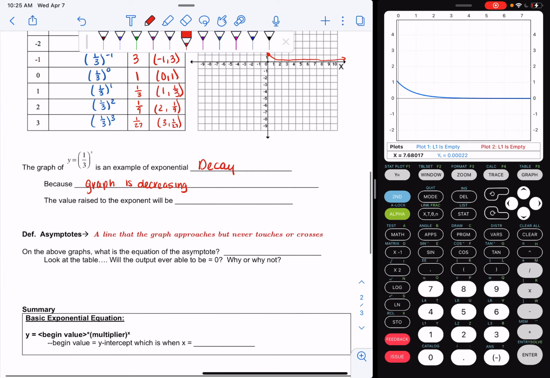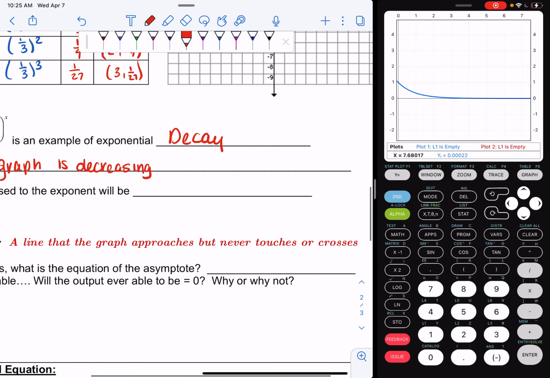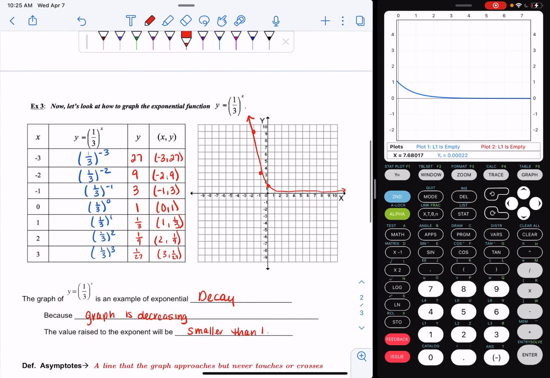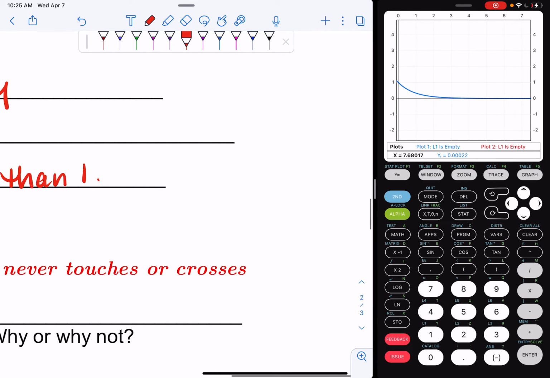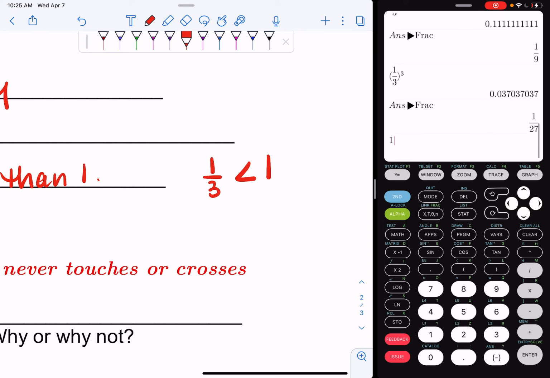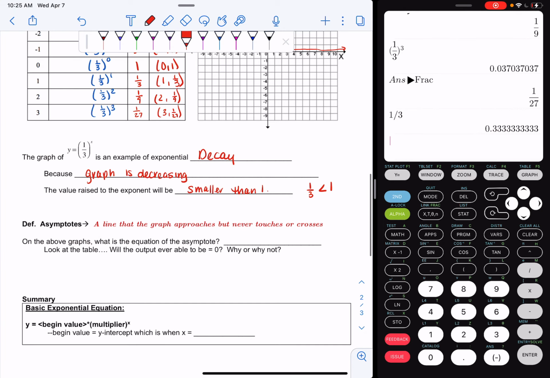And then the value raised to your exponent will be smaller than 1. So if you look, my 1/3 is smaller than 1. And I can verify that by just doing 1 divided by 3, hit enter, and I get 0.333, which is smaller than 1.